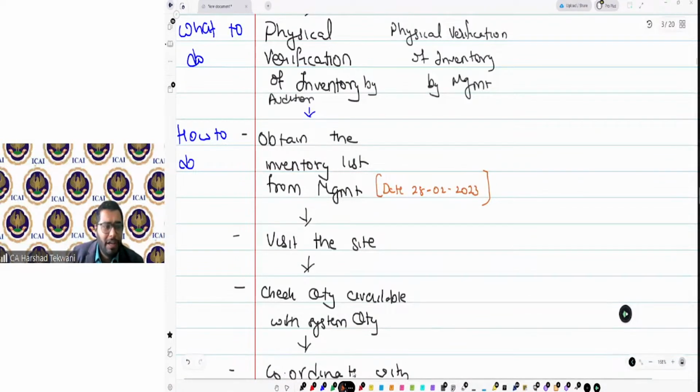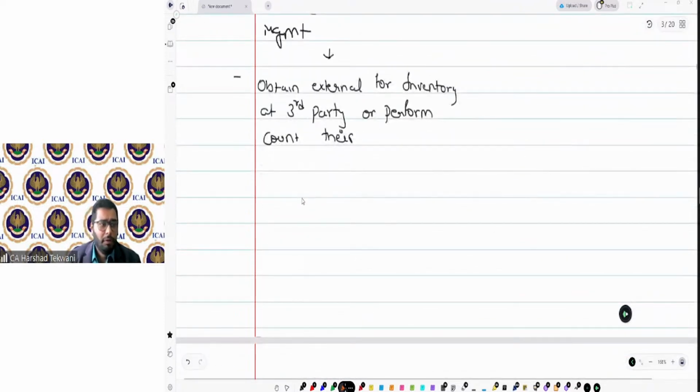Now the date on which physical verification is being performed is 28/2/23. Does this make any change? Does this require any further procedures or is it relevant or not?